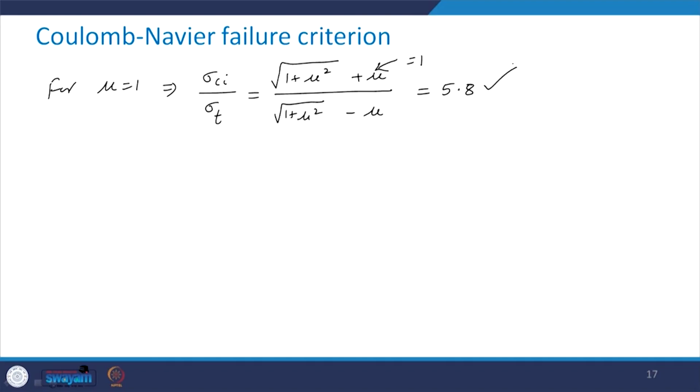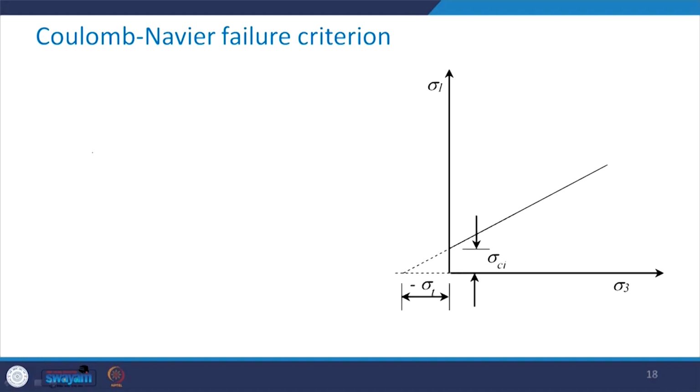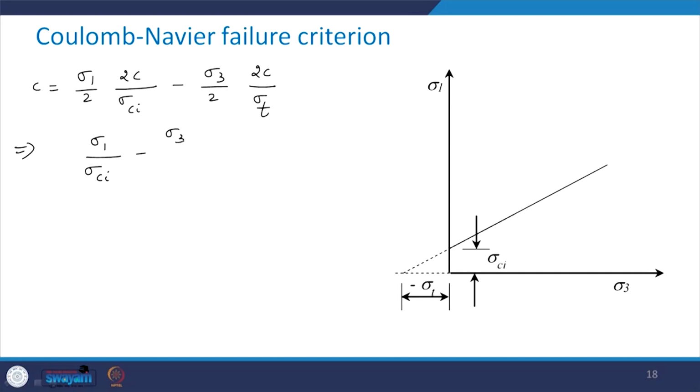So looking at the equations we derived, C is equal to sigma 1 upon 2 into 2c upon sigma Ci, minus sigma 3 upon 2 into 2c upon sigma t, or sigma 1 upon sigma Ci minus sigma 3 upon sigma t is going to be equal to 1.